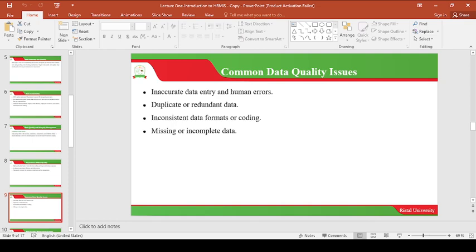Then missing or incomplete data. It is another common issue in data quality. Where you have any missing information, the data is no longer quality. If we are talking about human resources in an organization, and you have missing data on the title, the title of the employee in the organization is very important. The job or the position is very important.